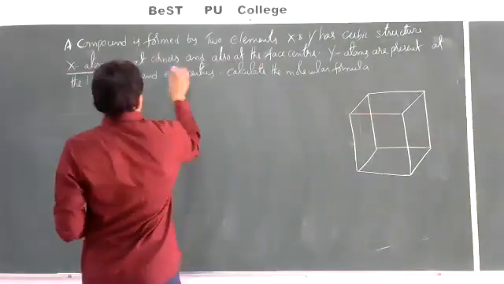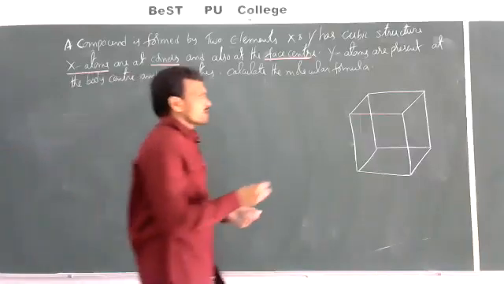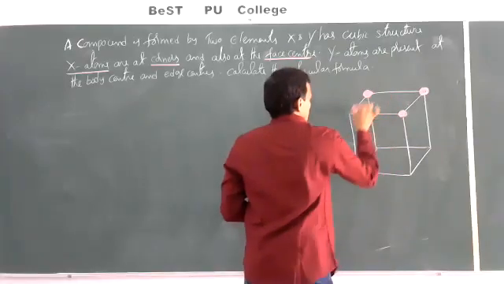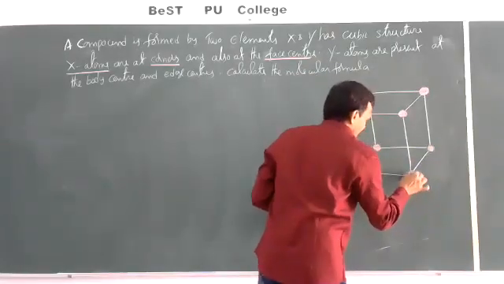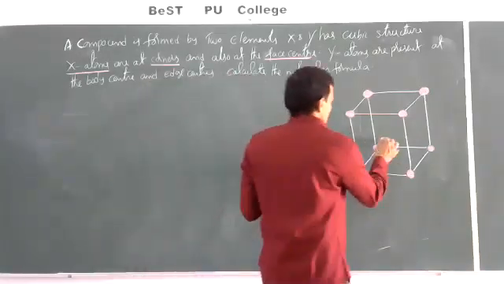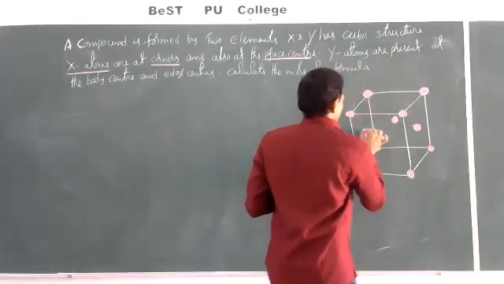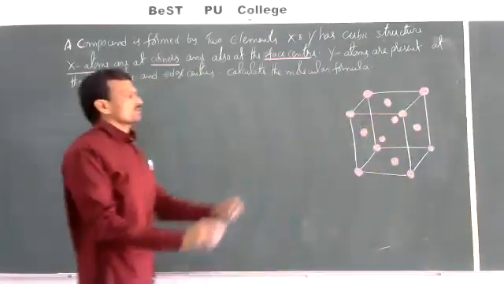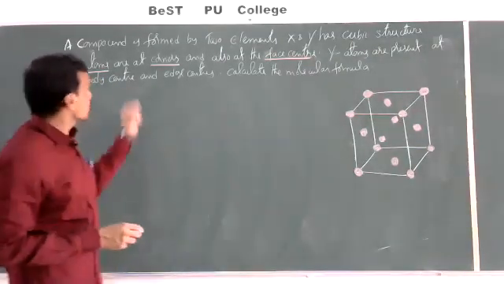So now I'll mention first the atoms of X: 1, 2, 3, 4, 5, 6, 7 and 8 corners. 8 corners and 6 face centers. So this is the front face center, this is the back face center, right side, left side, top and bottom face centers. These are the face centers. So these are the positions occupied by atoms of X.